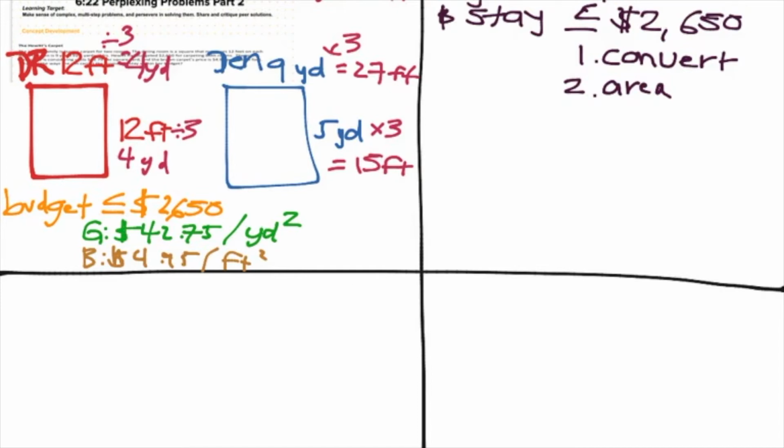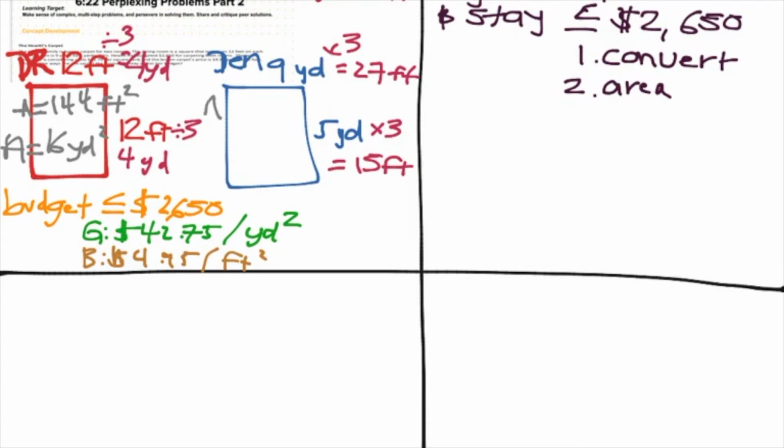So if I'm looking at the dining room, to find the area of the dining room in feet, let me switch colors here so it's the same. The area in feet, so that's length times width, so 12 times 12, so 144 feet squared. And if I wanted to find the area in yards, I would be saying 4 times 4, which gives me 16 yards squared.